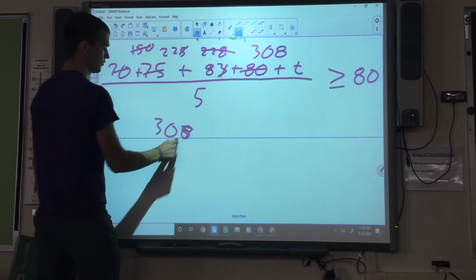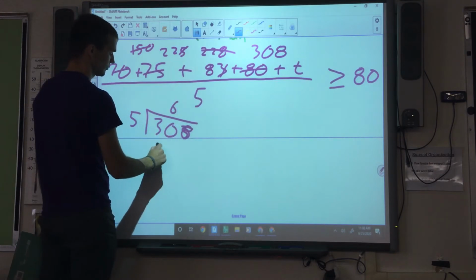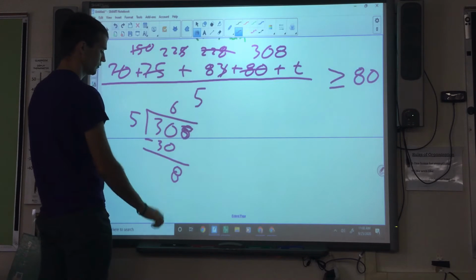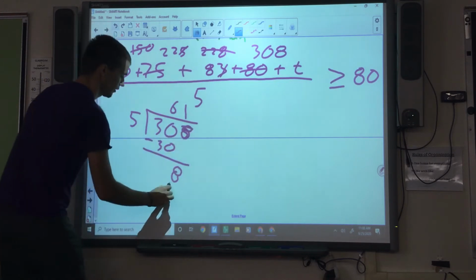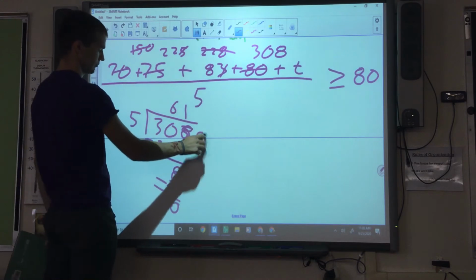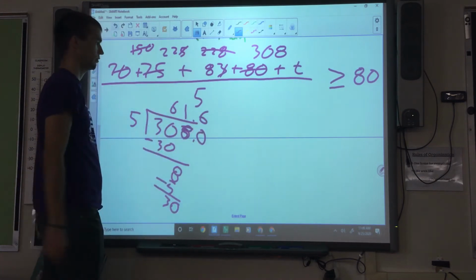Not 305, 308 divided by 5. 5 goes into 30 6 times. 6 times 5 is 30. Subtract, I get a 0, drop down the 8. 5 goes into 8 1 time. 1 times 5 is 5. And the 0 is going to come down from the decimal. 5 goes into 30 6 times, so 61.6.